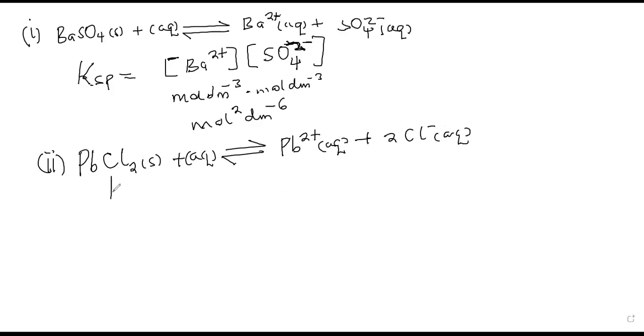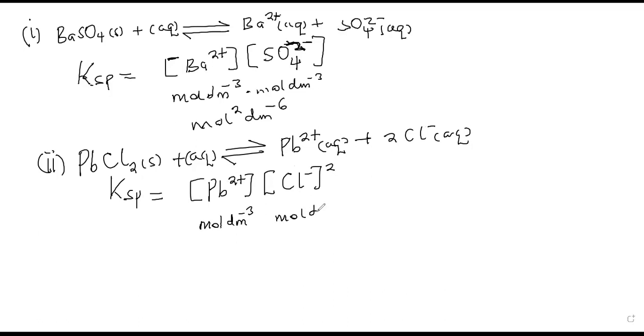So the expression of KSP will be the concentration of lead times the chloride ion to the power 2, the appropriate power. So when you're looking at this, it means that if this is moles per decimeter cubed, this one will be moles per decimeter cubed, but squared.